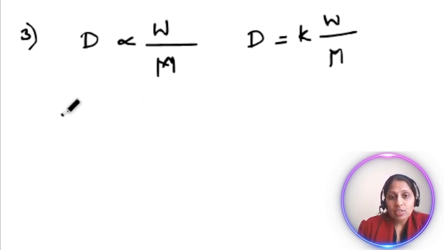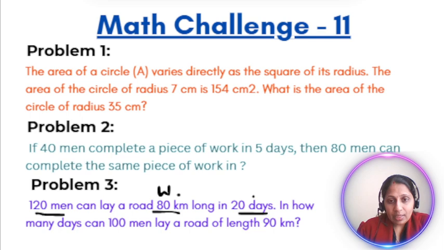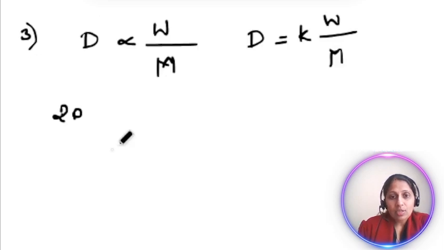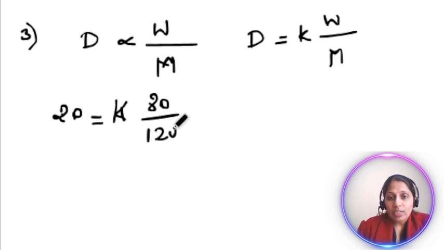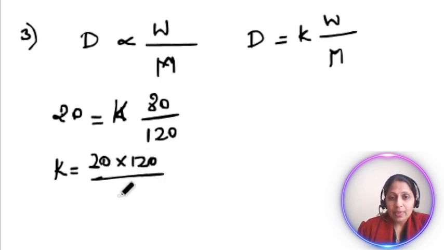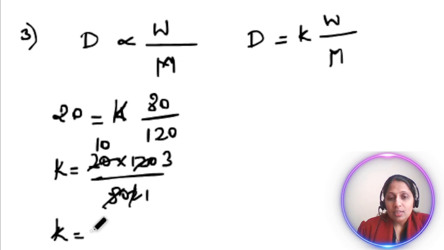The number of days was 20 days, with 80 km long and 120 men. So here k will be equal to 20 into 120 divided by 80. So this is 2 times, this is 3 times, and this is 1 time, this is 10 times. So the k value is 30.